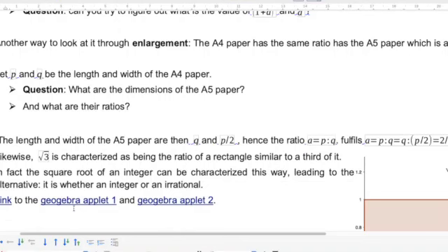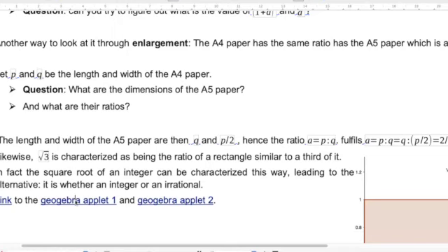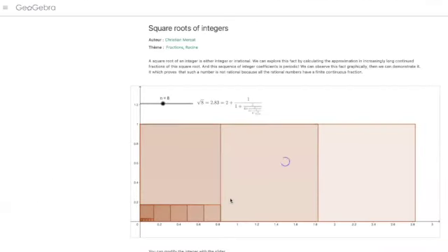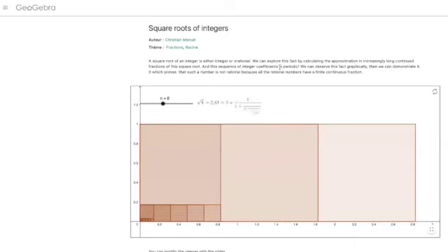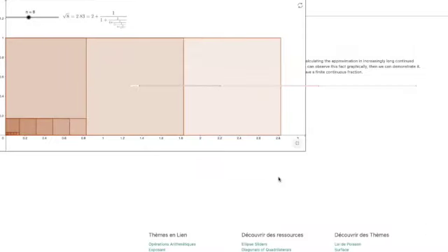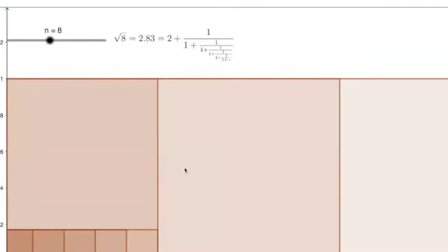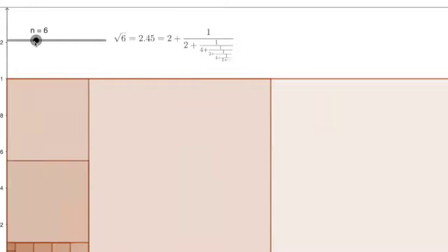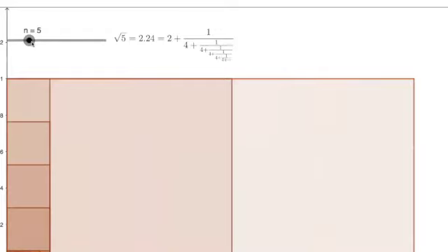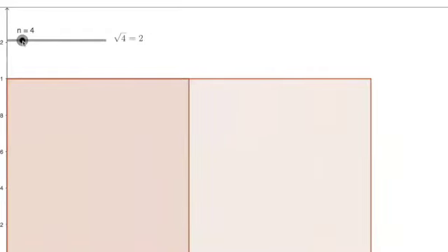I'm not going to dwell that much on that, but you can do the same for other numbers. So here I give the GeoGebra construction, where you characterize the square root of n as being the ratio of a rectangle, so that if you divide it n times... no, this is not the one.